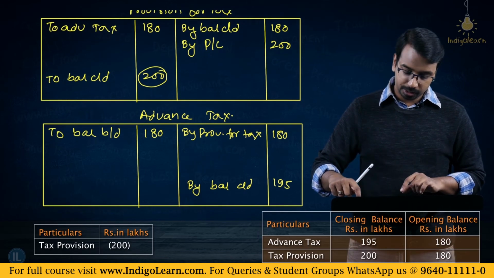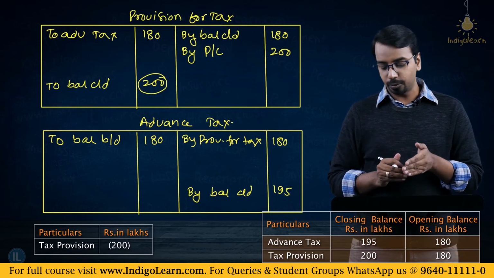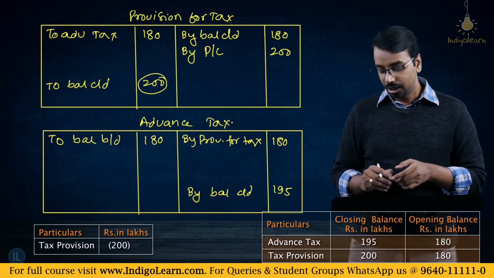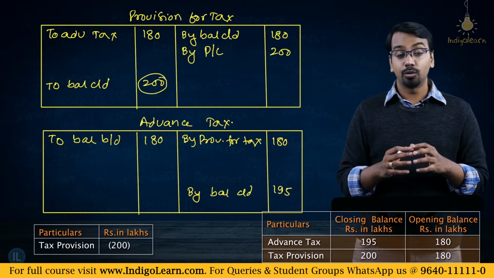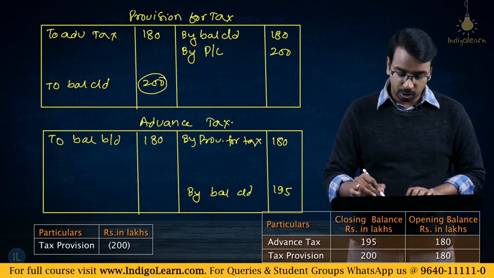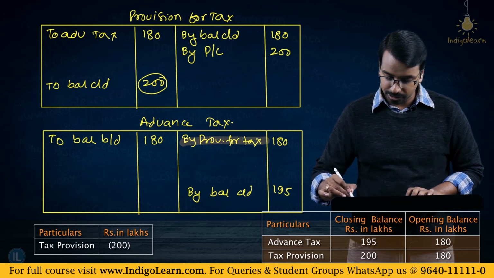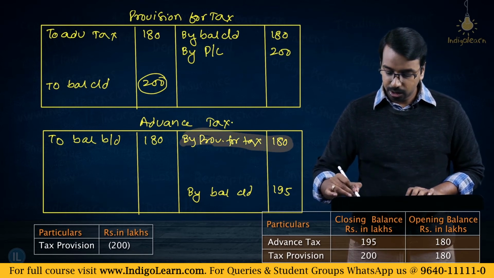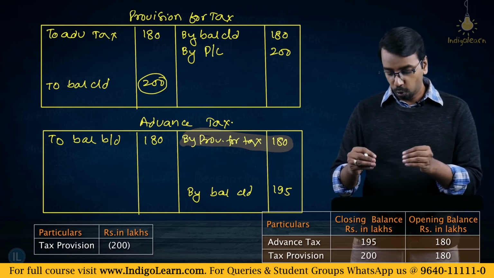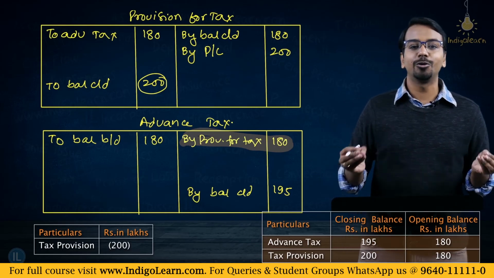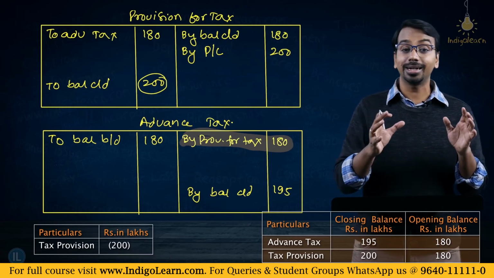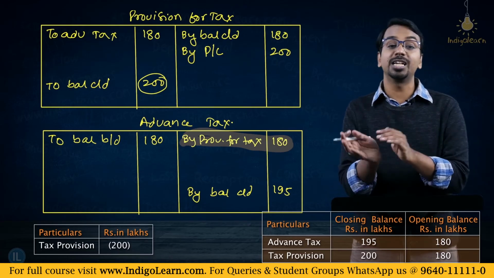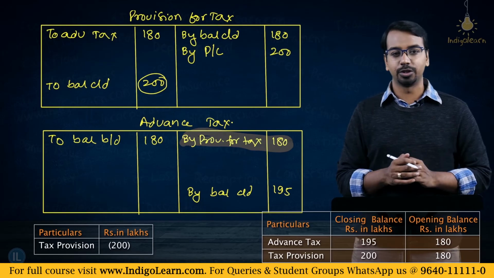Right? Now come to the advance tax account. You had an opening balance of 180, then you have a balance carried down of 195. Now if I had not passed this entry of transfer, I would have been saying opening balance is 180, I paid 15 rupees towards taxation, but that is not the correct interpretation. This 180 has been knocked off against the opening provision.